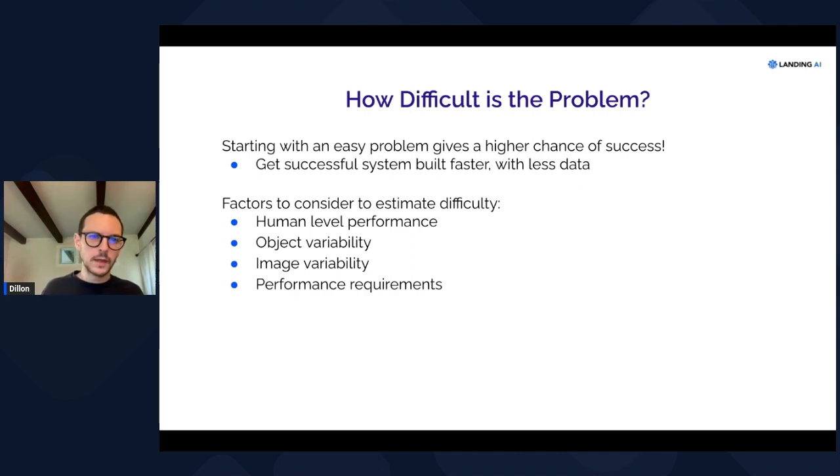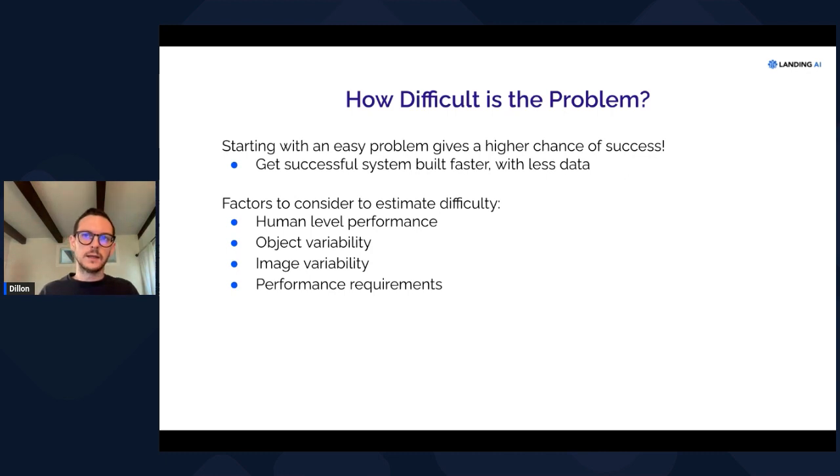In this case, I'm going to talk about difficulty. There are a couple of big factors to consider when estimating the difficulty, and I'll cover these in detail in the following slides. We want to look at human level performance. So if a human was tasked to do this particular job, how well are they going to do? Or maybe if you have two humans, how often would they agree on the task is a way to measure that.